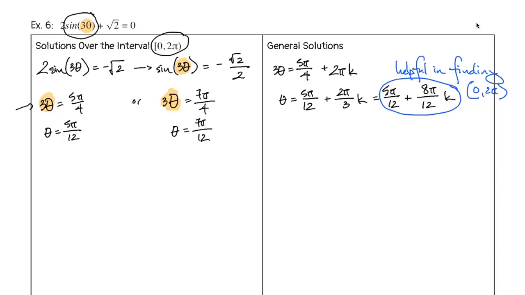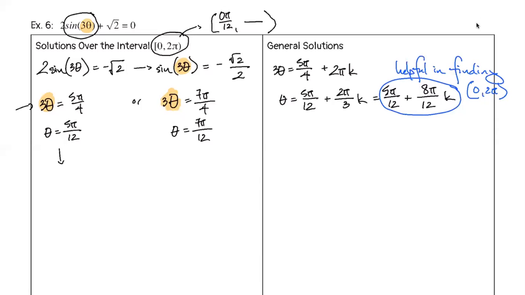If we want to get all the solutions, we have to keep adding 8 pi over 12 until we get to 2 pi, all right? Now let's think about 2 pi. If I were to write this as 0 pi over 12, how could I write 2 pi as something over 12?